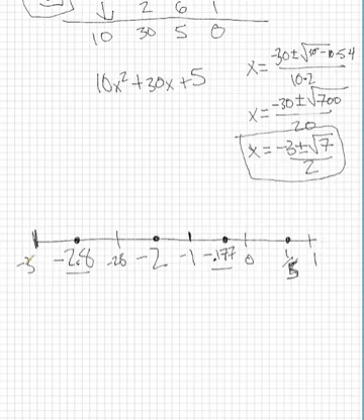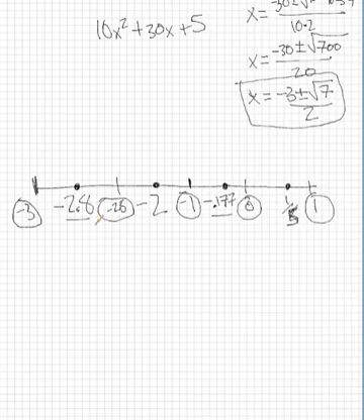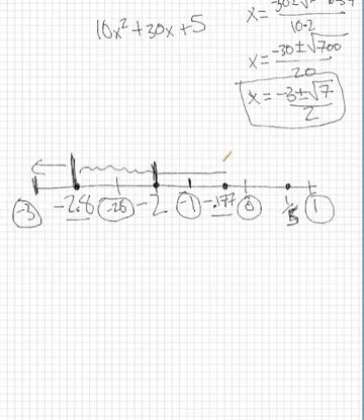I'm going to circle the ones we're plugging into our equation. So there are 5 things that we're plugging in, and there are 5 intervals: here to infinity, here in between, here to here, and then here to here, and then here to here. Those are our 5 intervals.